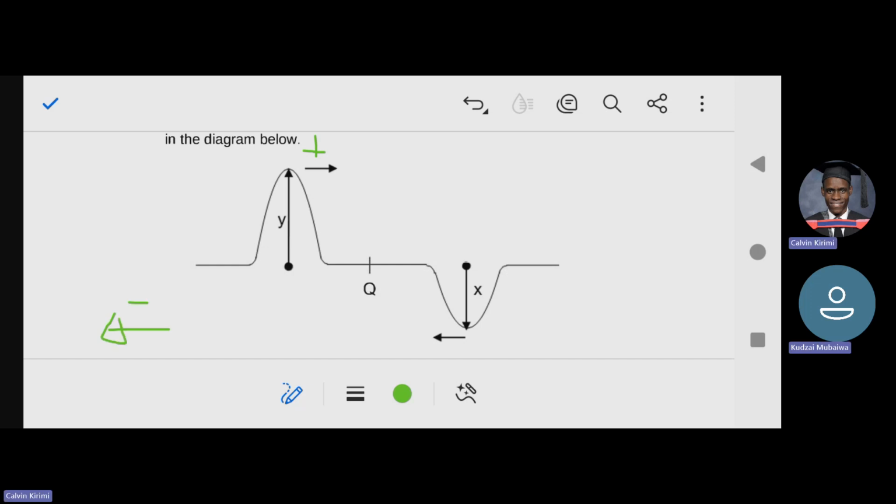So when these pulses meet, they are not going to be constructive, but they are going to be destructive. So the amplitude of pulse Y minus the amplitude of pulse X will be the new pulse.